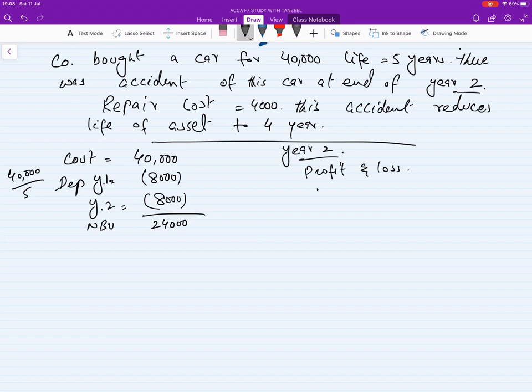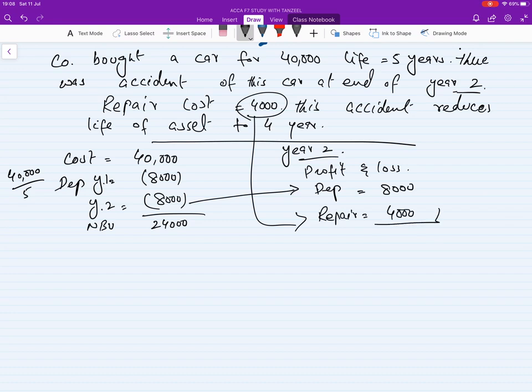The two things will go: this depreciation, you need to expense, and the 4,000 repair cost. This will go to profit and loss for year 2.